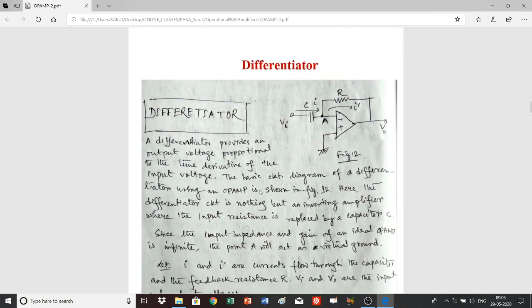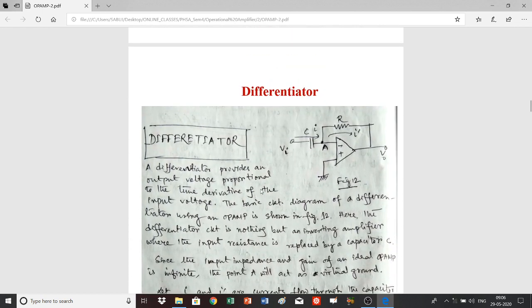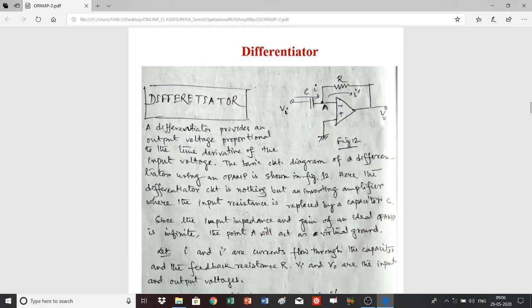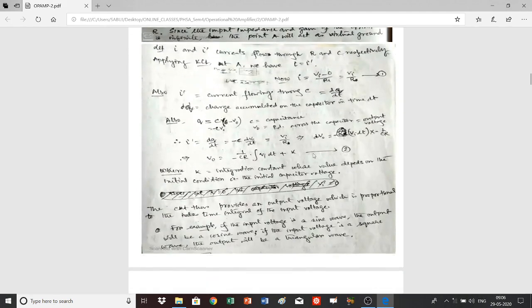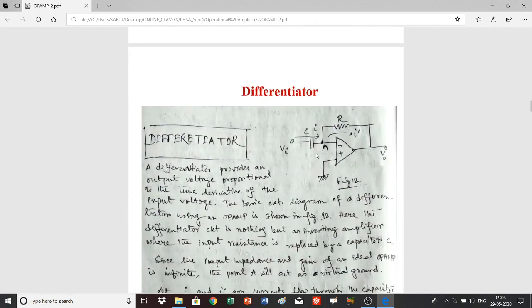Now come to the differentiator. There is a similarity between the integrator amplifier and the differentiator: in the circuit of the integrator, if the resistance and the capacitor are interchanged, then the integrator will transform into a differentiator. Here in the integrator there was the resistor and the capacitor, and these two places are interchanged.